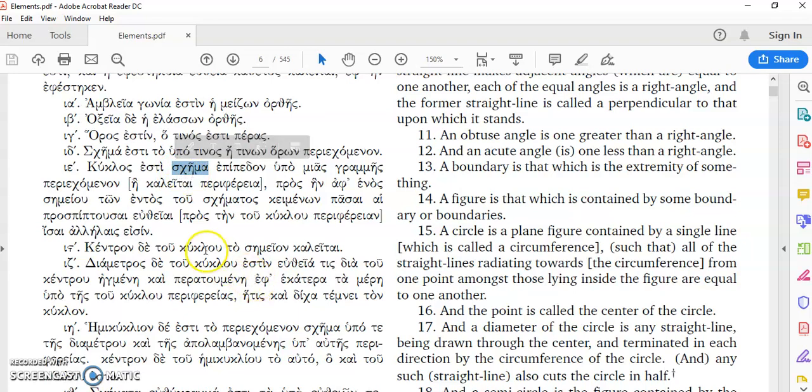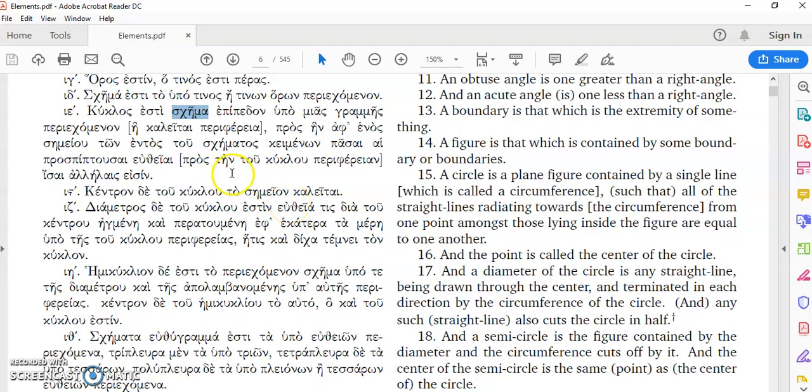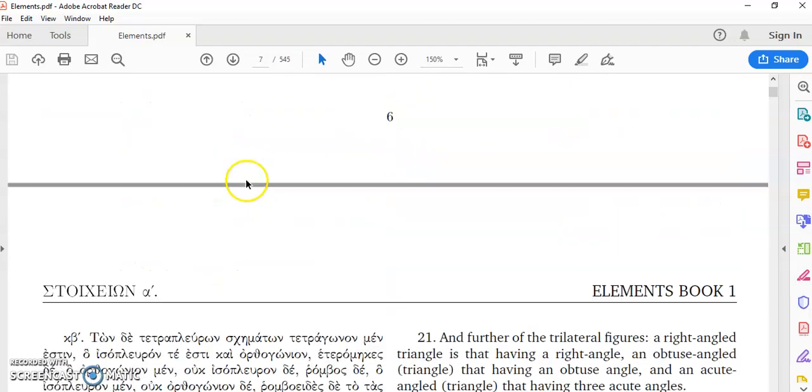So it says for example here, kyklos esti schema epipedon, and that word schema means figure, but it's actually a distance that is being described, okay?